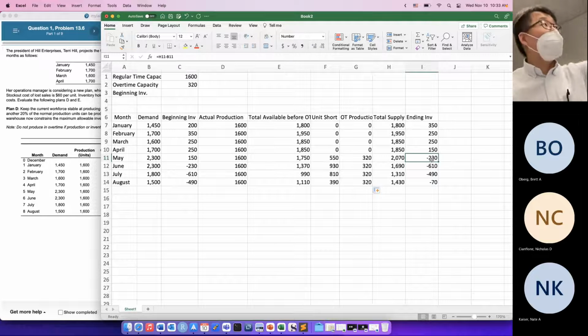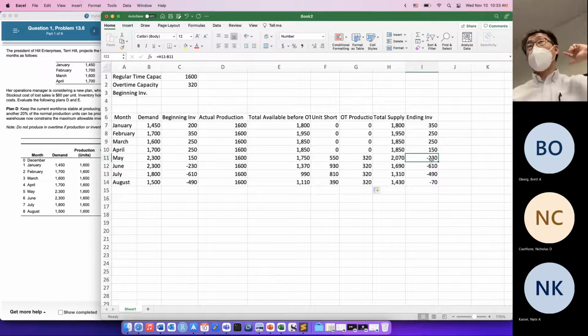From there, you can infer two different types of information. Number one is, if the problem itself allows back order, what would you do? Ending inventory should be fixed as 0. 230 will need to be added to the current period demand to become total demand. But our problem description does not mention back order is allowed.